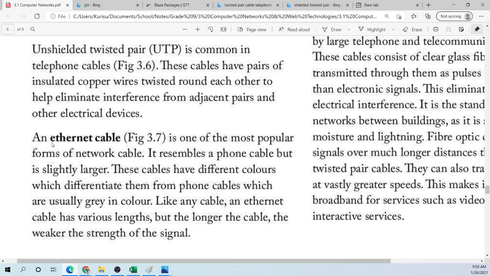Now the Ethernet cable, even though it can refer to the telephone line cable, in computer, or you can say in networking, because we're talking about network.